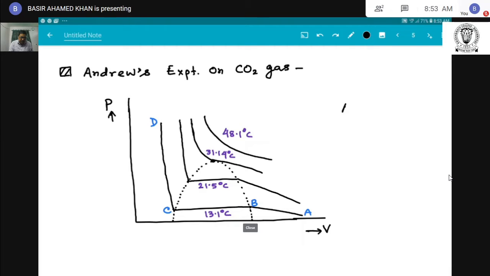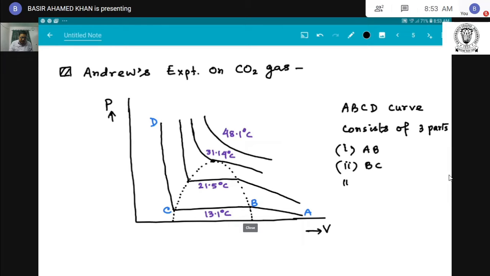This curve A, B, C, D consists of three parts: one is the AB part, then the BC part, and then the CD part, or AB line, BC line and CD line.